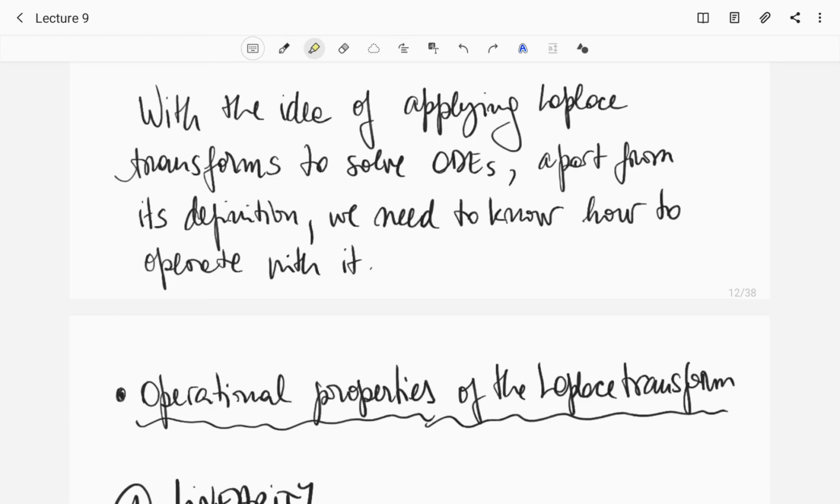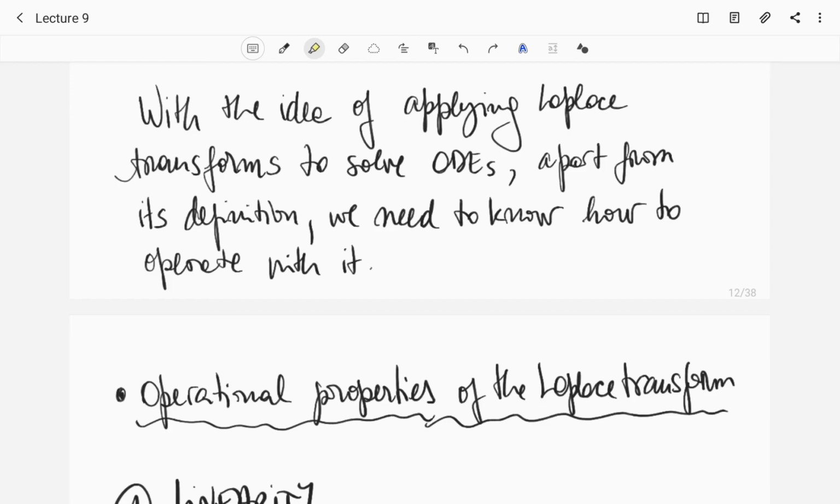We will need to solve an ODE in the Laplace case, also in this Laplace transform method, and we will have these steps. First, we will transform our ODE, and transforming the ODE is not enough. We need to know some properties, like is this Laplace transform linear? How does this Laplace transform act when we have derivatives?